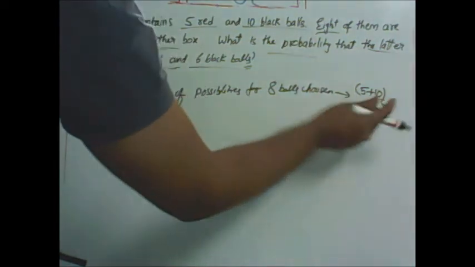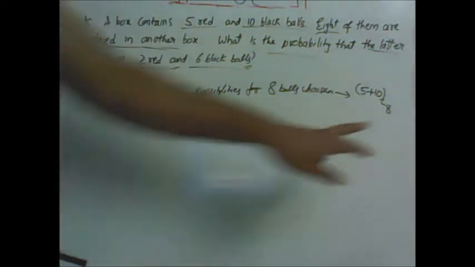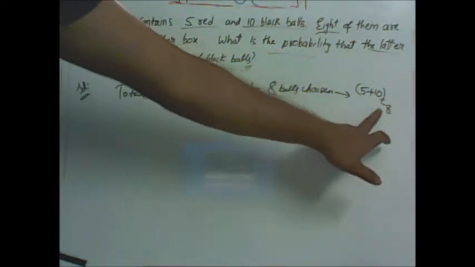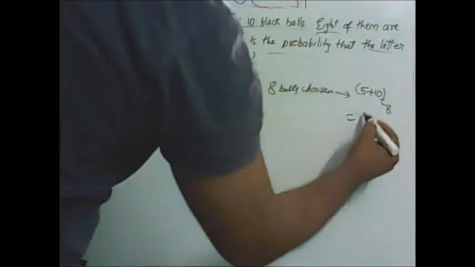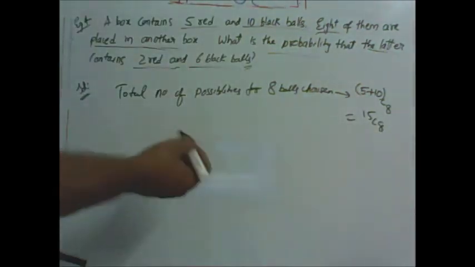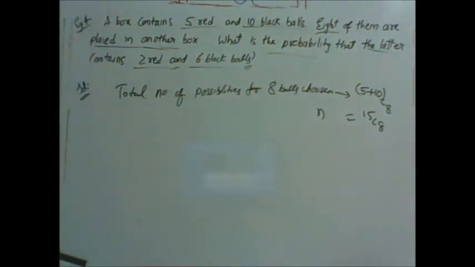We are taking 8 balls at a time out of 15 different balls, which is 15C8. Okay, that is the combination, the total n, the total number of chances possible.